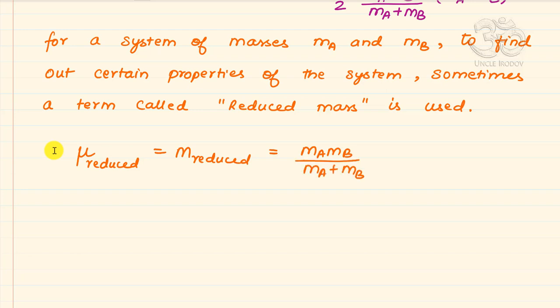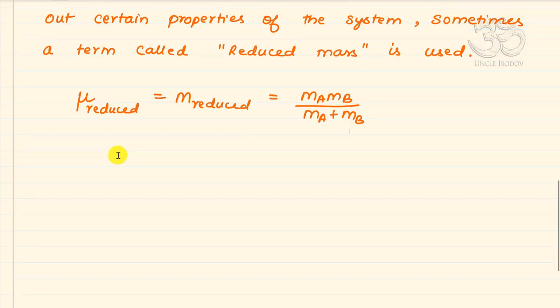Now why is it called the reduced mass? That's because if you slightly change the way that this formula has been expressed, you will see that 1 by mu, and I'm just throwing away the subscript here, so 1 by mu is 1 by Ma plus 1 by Mb. And whenever you have an equation of this kind, then this term mu has to be less than the least of these terms.